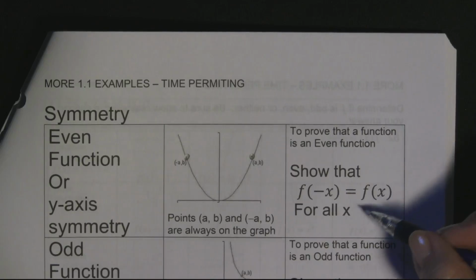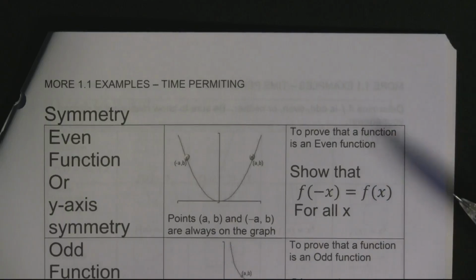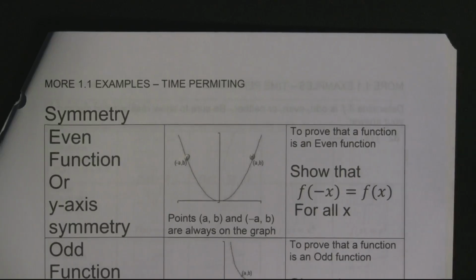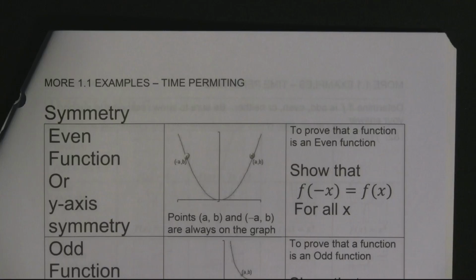equals f at x for all x. So it's not good enough to show that that is true for one particular value of x. Sometimes people will show me that f at negative 1 equals f at 1. And that's good, it means that it might be an even function, but you have to show it for all x.